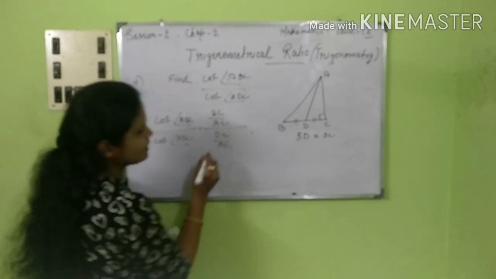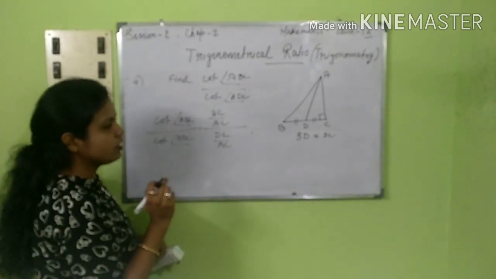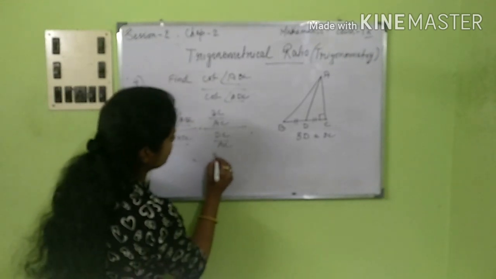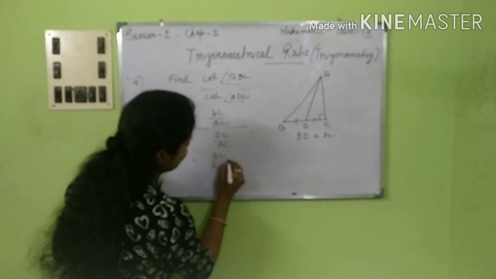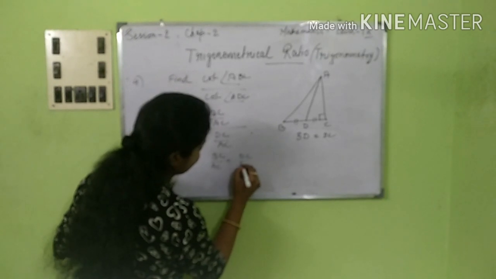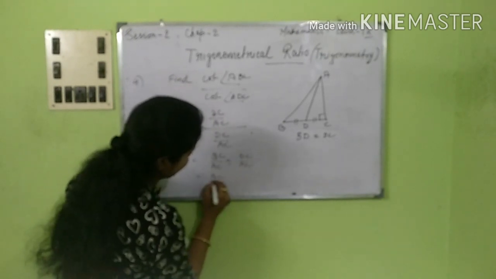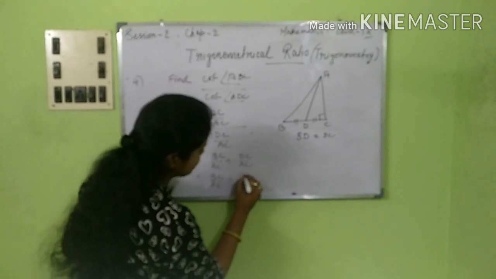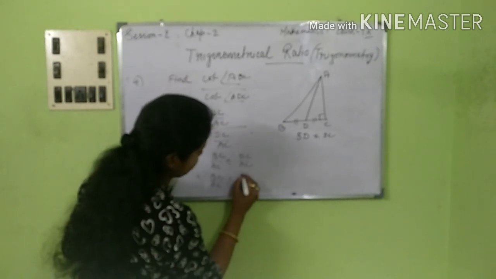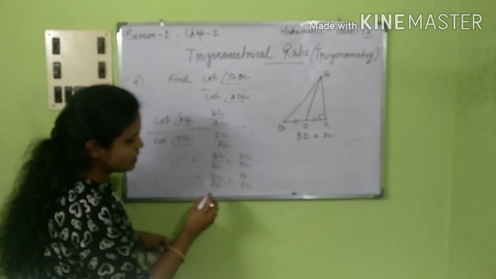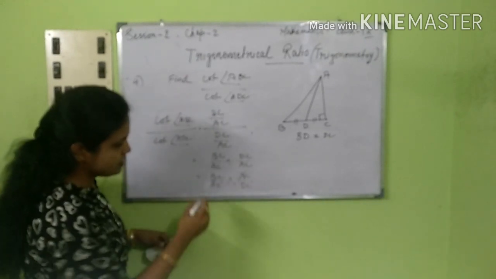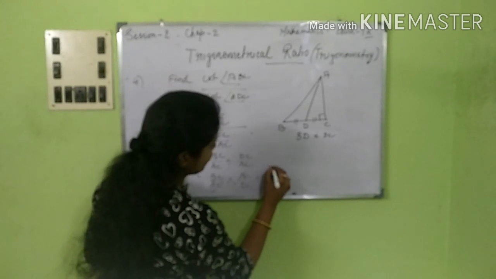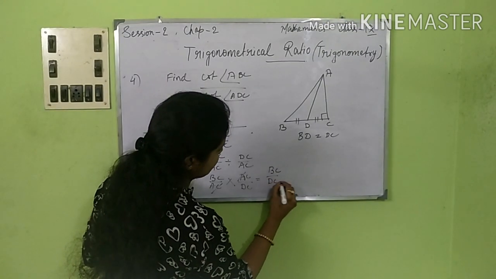DC by AC, that is base by perpendicular, right? So we can get from here BC by AC divided by DC by AC. Now BC by AC into AC by DC. I hope you can see it. AC will get cancelled. Okay, so you are having the remaining as BC by DC.